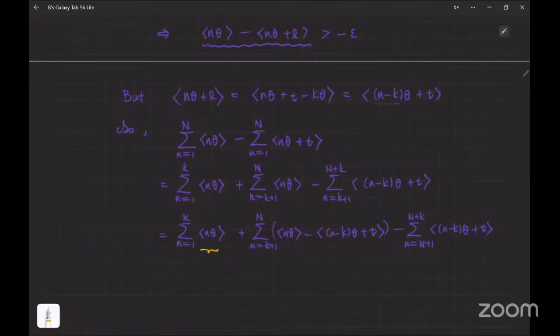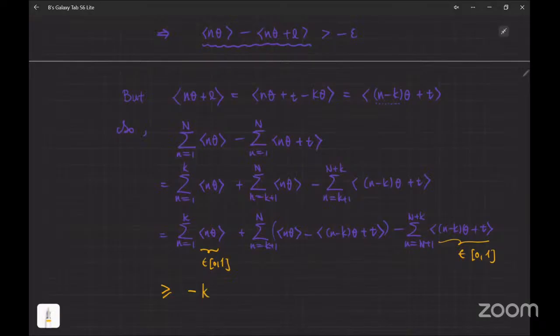Again, each of these numbers is between 0 and 1. There are k of those. Each of these numbers is between 0 and 1, and there are k of those. So first, that's definitely bigger than minus k, right?